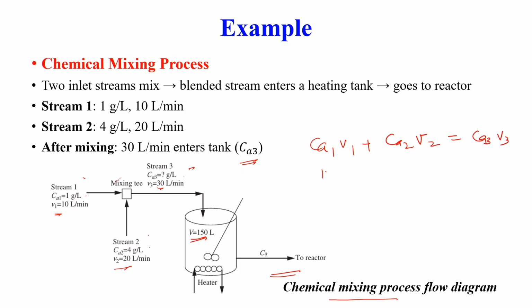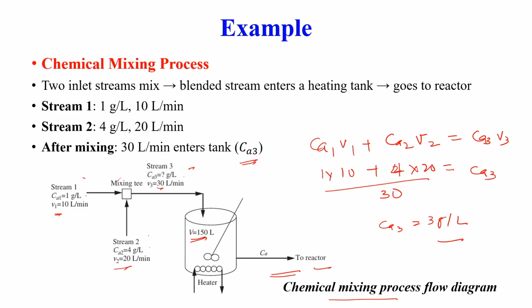So, this is 1 into 10 plus 4 into 20, which becomes 90, divided by 30. So, we are going to get Ca3 as 3 grams per liter.